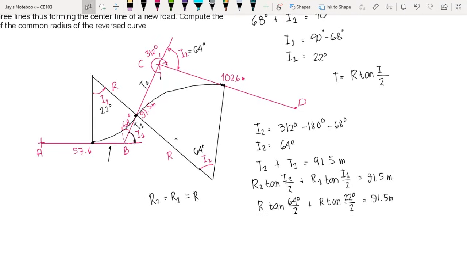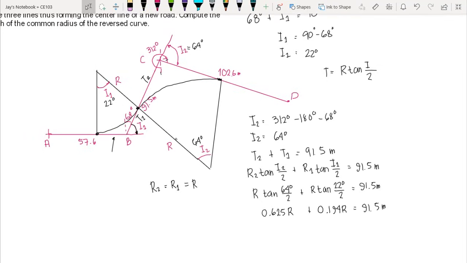So therefore, tangent of 64 over 2 is equal to 0.625. So we have 0.625 R plus, for tangent 22 over 2, this would give us 0.194 R, and this equals 91.5 meters.